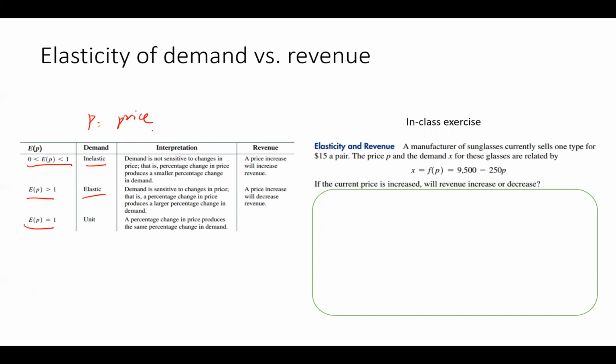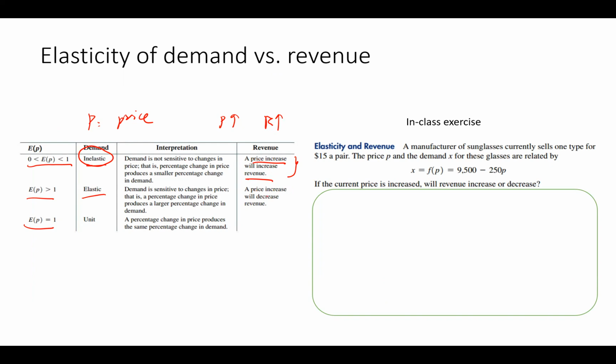So if it is not very sensitive, it means that I can increase my price, and then the revenue also increases. This is the case in, for example, the industry of diamonds and jewelry, right? If the price increases, people still buy them.